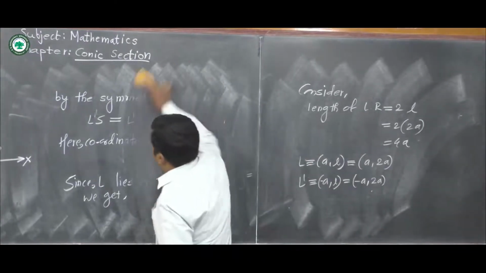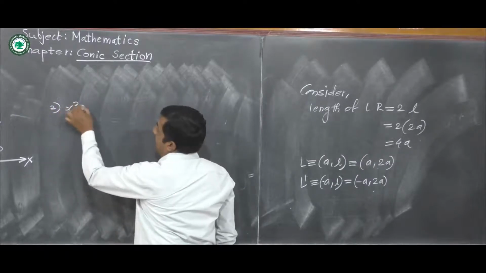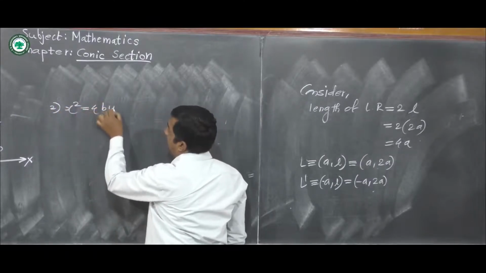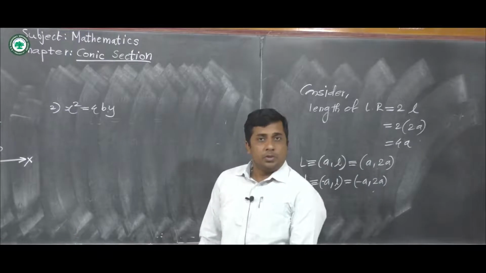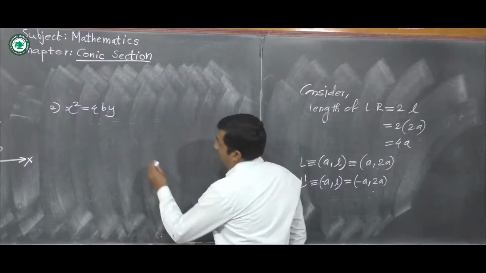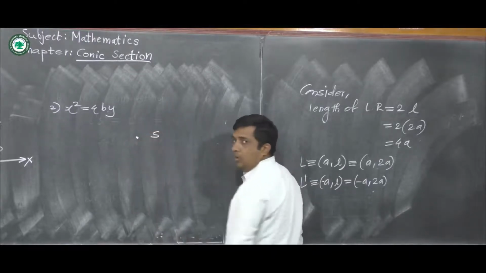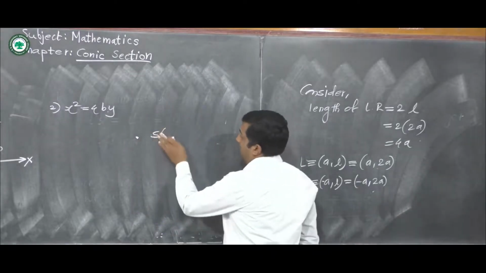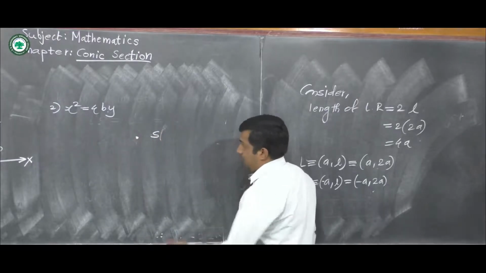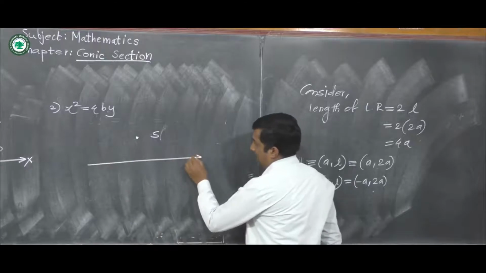Here is x square is equal to 4by. To define this type of parabola, we consider one point. Suppose our point S is here, and this is our point S. Then we consider the directrix like this.